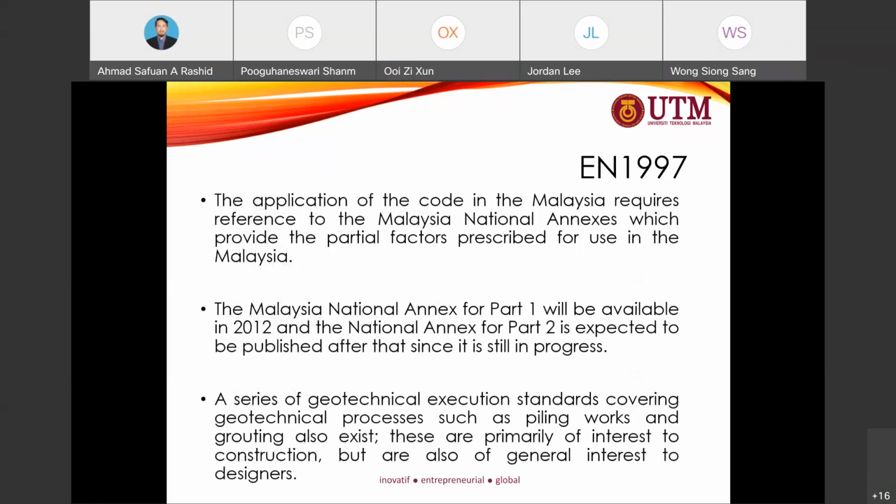A series of geotechnical execution standards covering geotechnical processes such as piling works and grouting also exist.